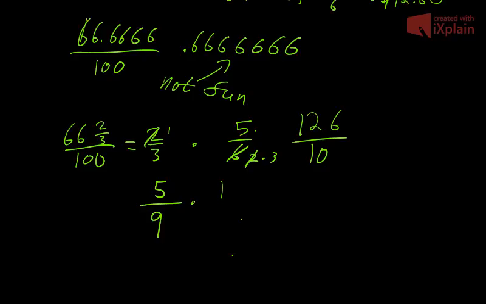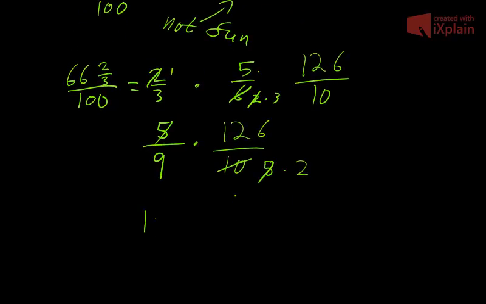I'm going to multiply that by 126 over 10. Multiplying this, I can also do a quick factoring of the 10 into a 5 and a 2. The 5's will cancel out, and I would end up with 126 over, let's see, that'd be 18.